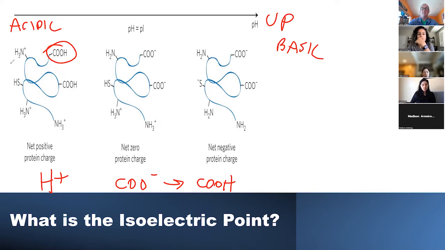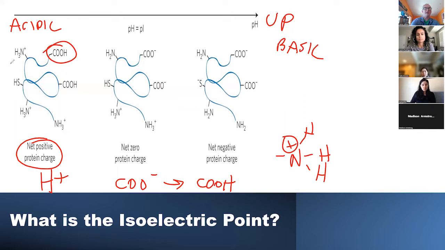But the basic side chains are going to have another proton added to them and make that nitrogen positive. So under acidic conditions, we're going to have a net positive charge. You're going to have a lot more of these basic side groups being positive and hardly any of the acidic ones being negative. So we'll have a net positive charge.